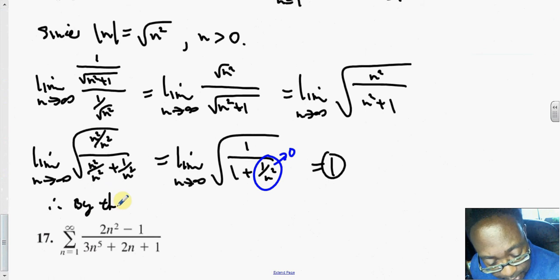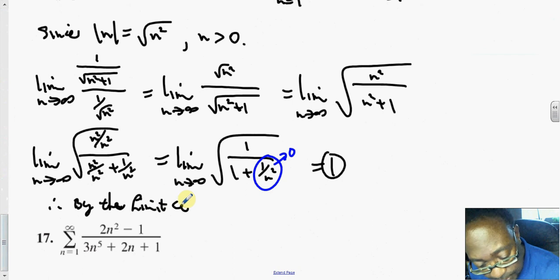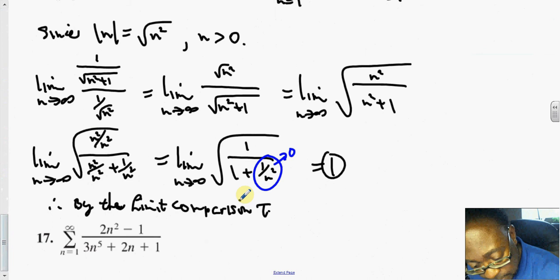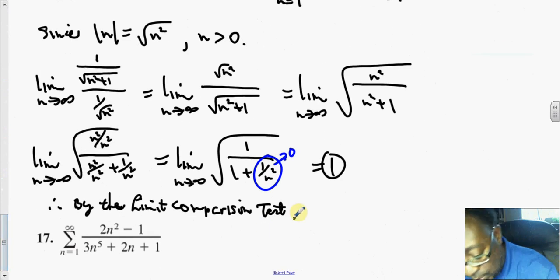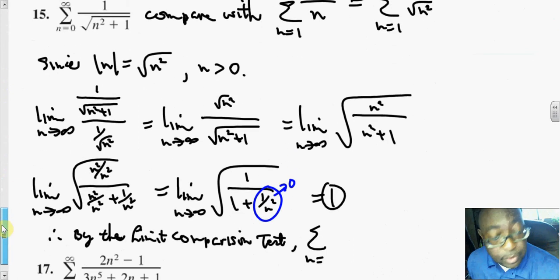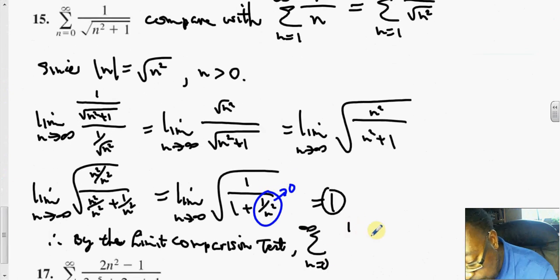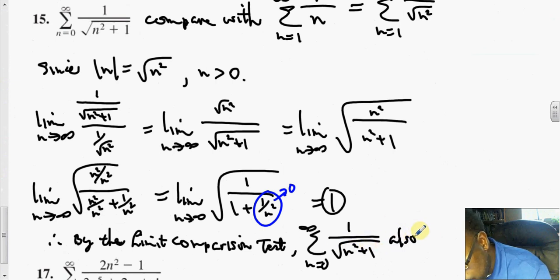by the limit comparison test, this series from 0 to infinity of 1 over the square root of n squared plus 1 also diverges.